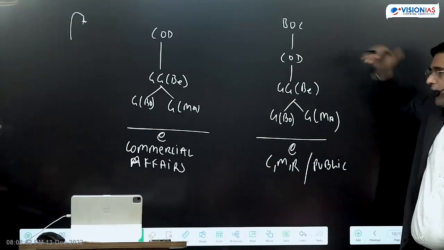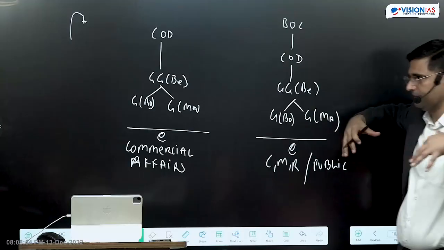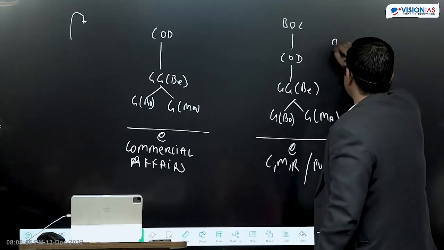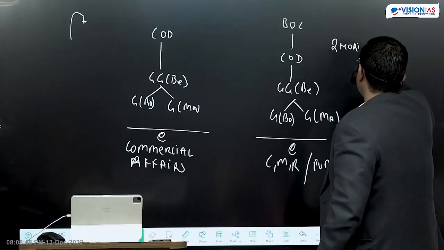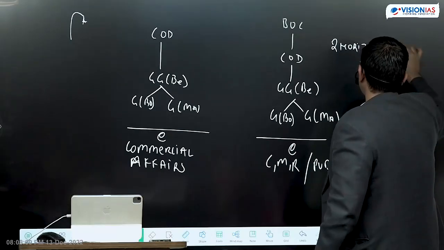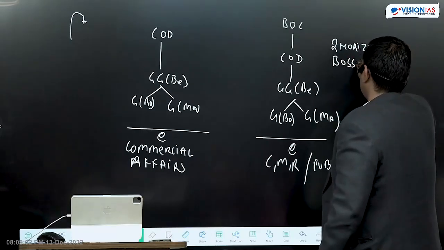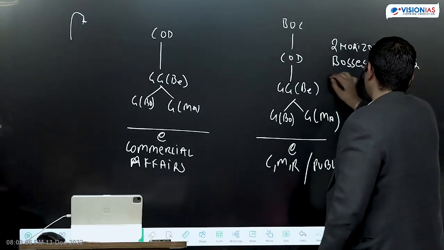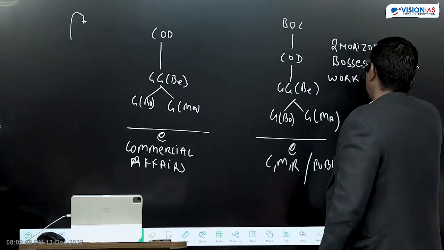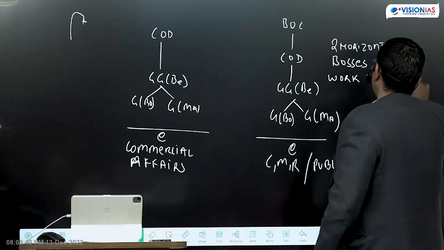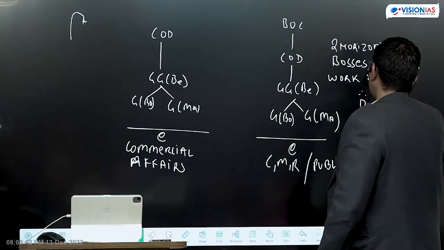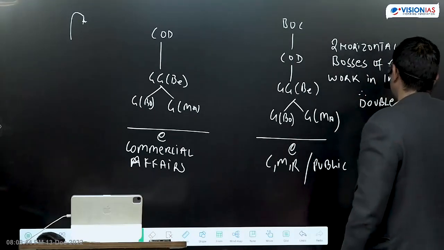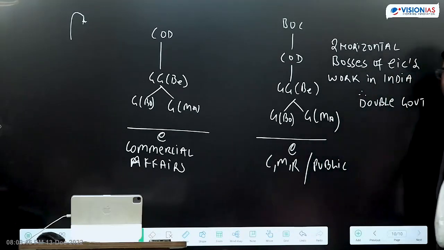So therefore, two horizontal bosses of EIC's work in India, and therefore it is called double government.